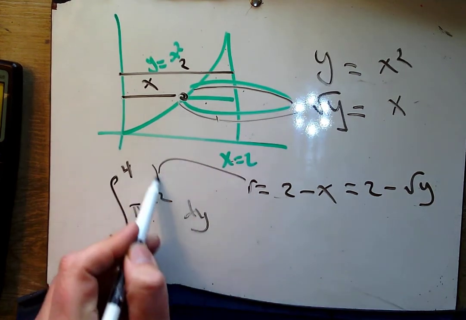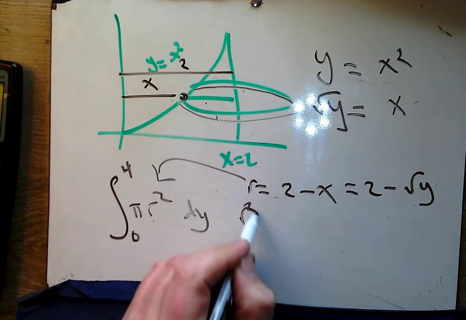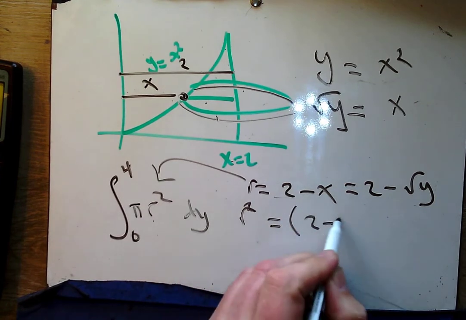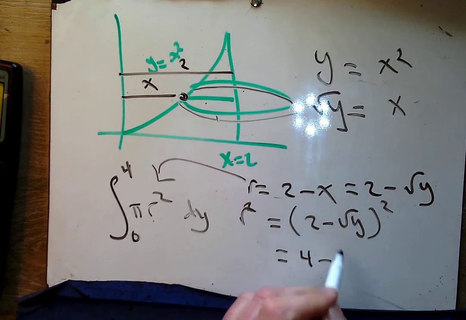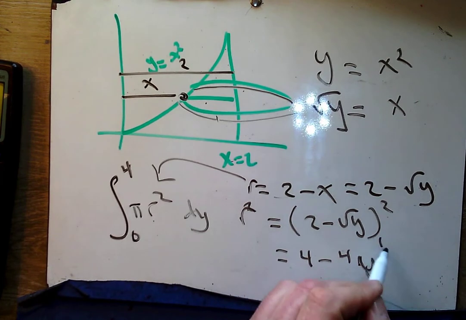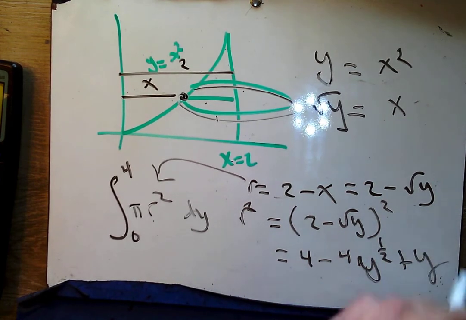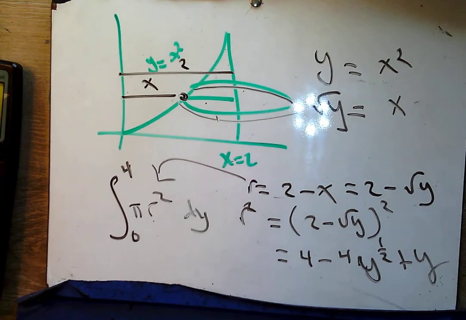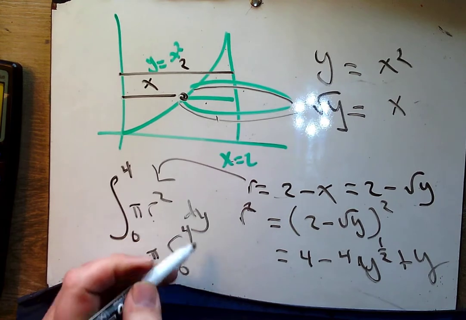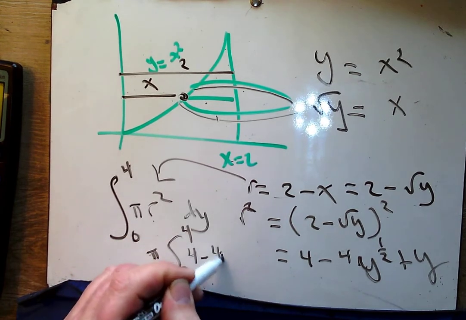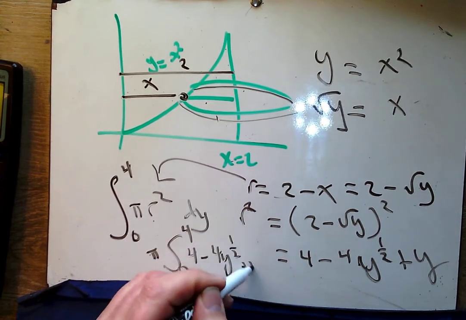But we want radius squared, so radius squared is going to be 2 minus square root of y squared, which is 4 minus 4 y to the 1/2 plus y. There's my y squared. So my integral, pi 0 to 4, 4 minus 4 y to the 1/2 plus y dy.